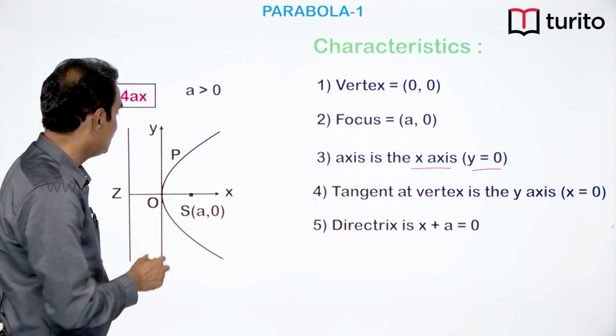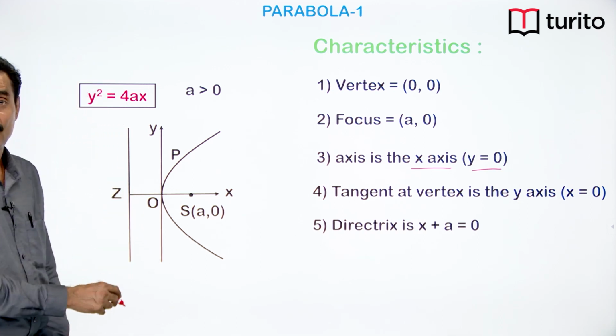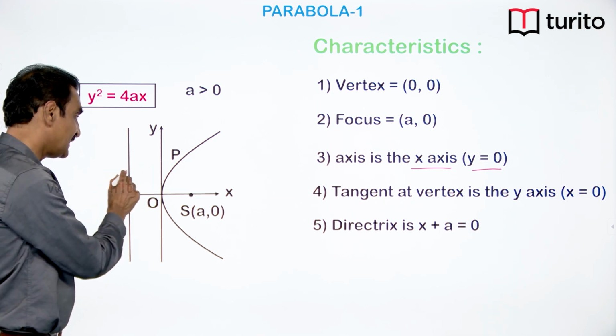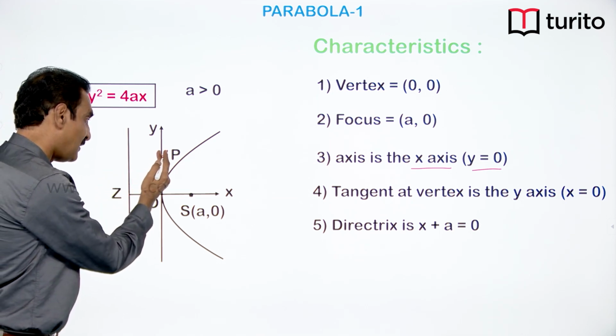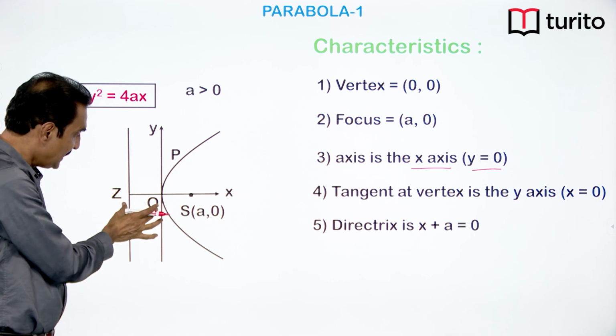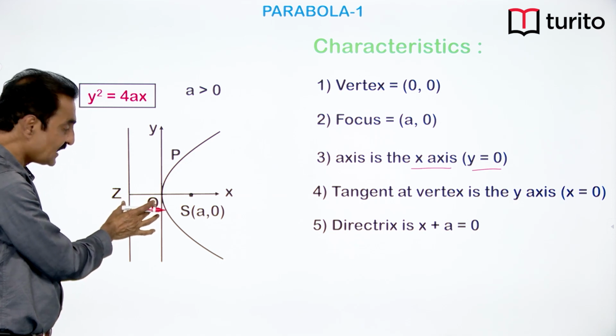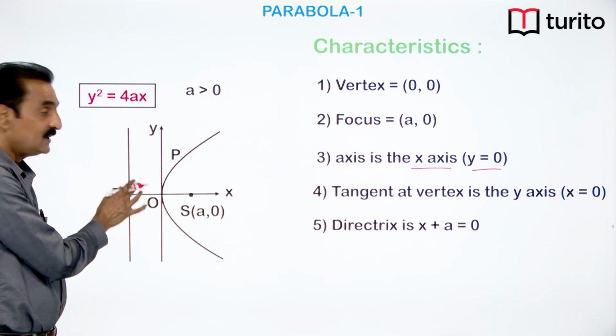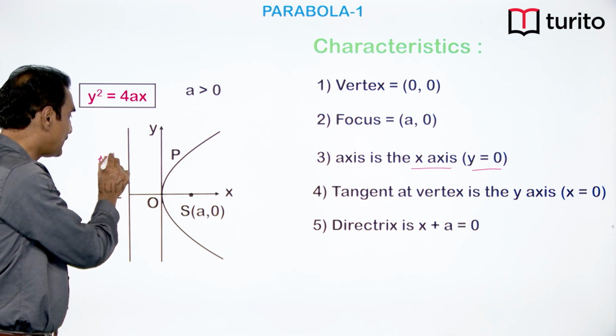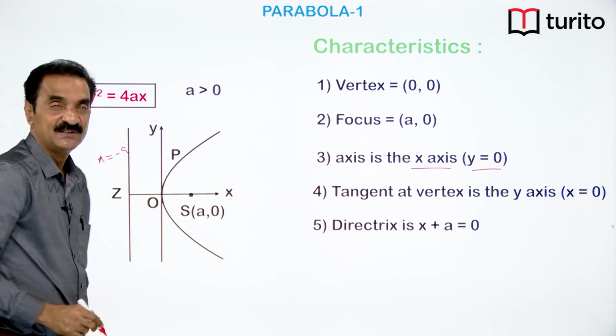Directrix is x plus a is equal to 0. We have already discussed it. On the left of the y axis we will have a line parallel to the y axis at a distance a, small a. Its equation is x is equal to minus a or x plus a is equal to 0.